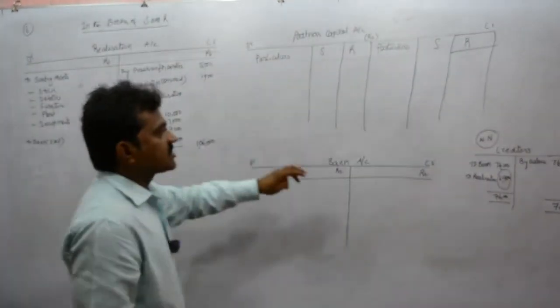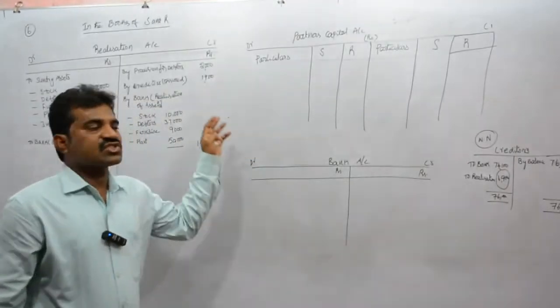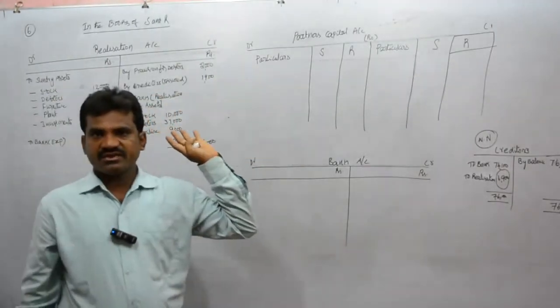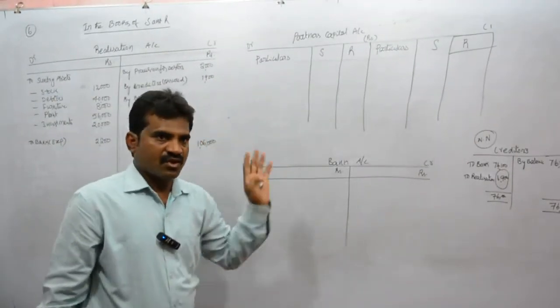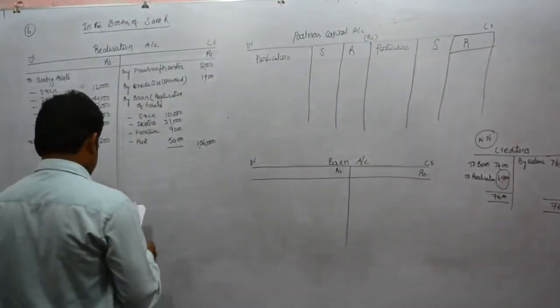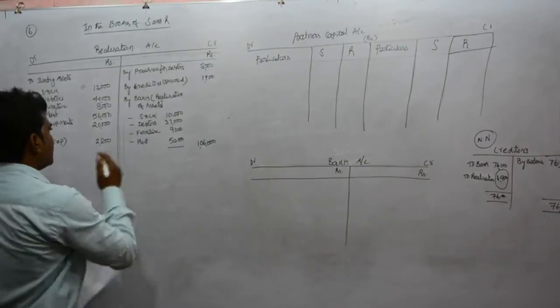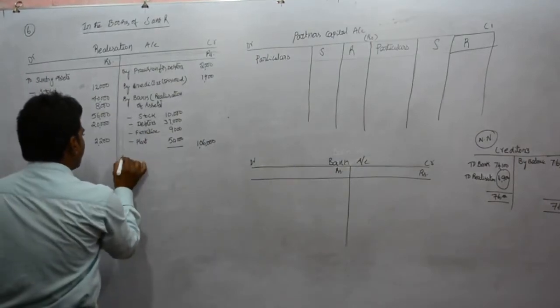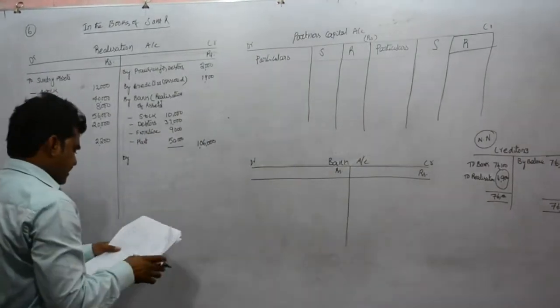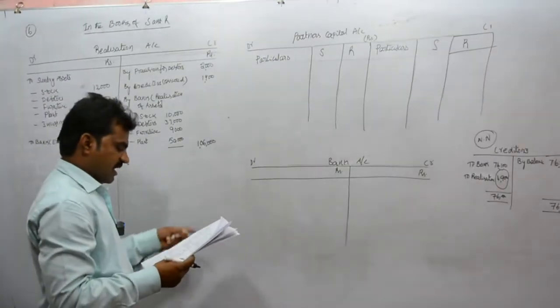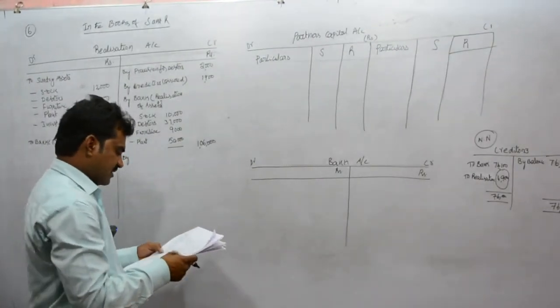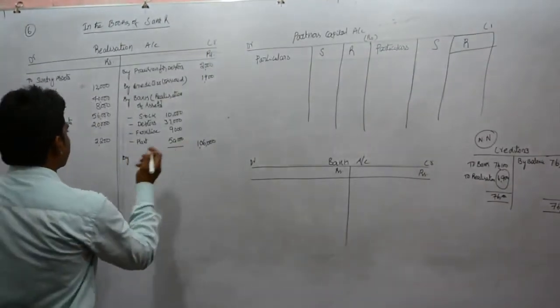Except the creditors, the net effect, that is discount on creditors only we have transferred. And see, S has taken over some investments at a value of 16,000.